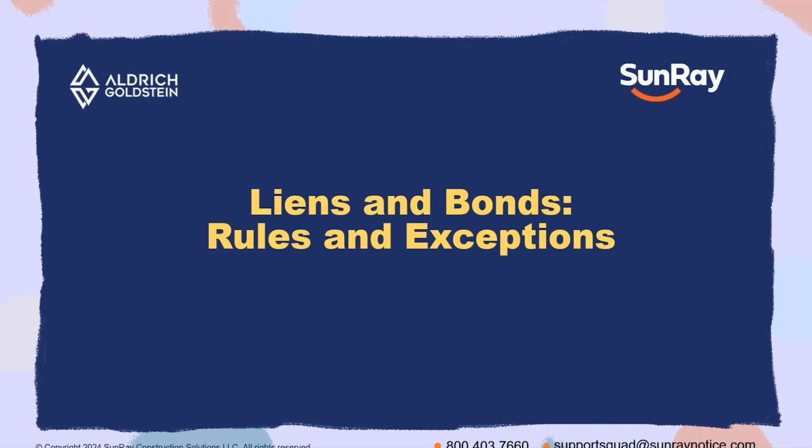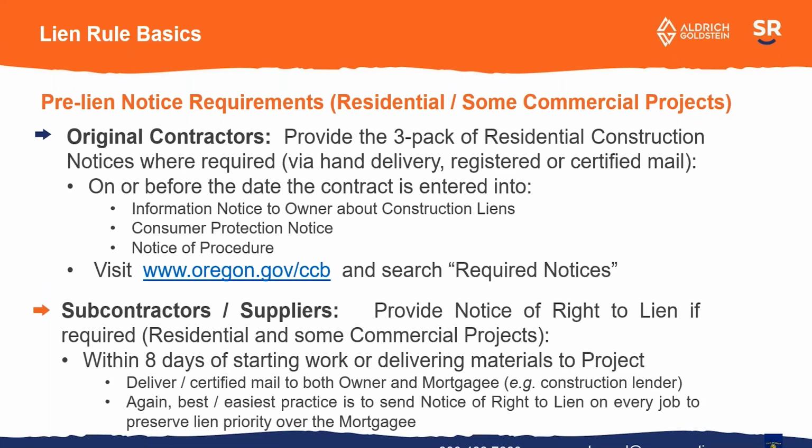Liens and bonds, rules and exceptions. If you're working on a residential project, as I've already talked about, you need to provide the 3-pack of Oregon required notices. That needs to be provided on or before the date the contract is entered into.